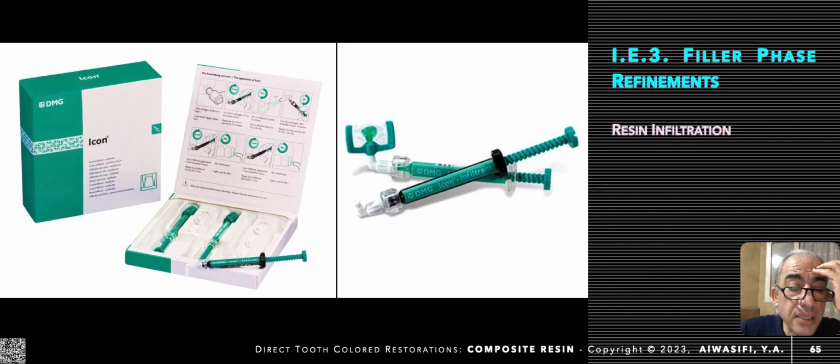This Icon, as you see, has 3 tubes. One of them is the hydrochloric acid etchant, 15% for 2 minutes, and you could repeat it several times until you get a fully chalky white, satisfactory etching. Then your dryer gel, which is 99% ethanol.